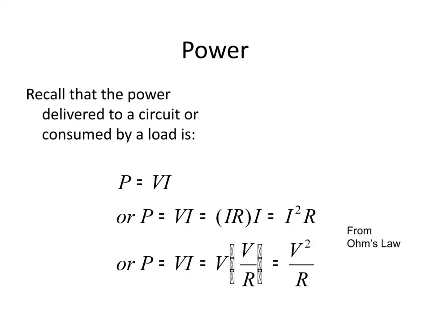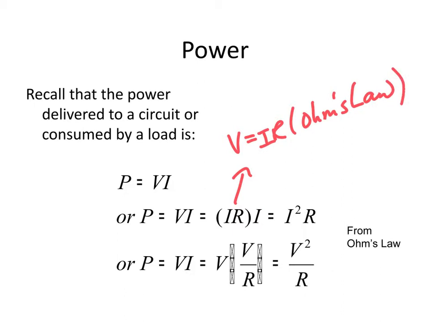Or, since we know from Ohm's law that voltage is equal to current times resistance, or V equals IR, we can substitute. So instead of writing power equals V times I, we can write power equals I times R times I, which is I squared R. So we can calculate power that way as well.